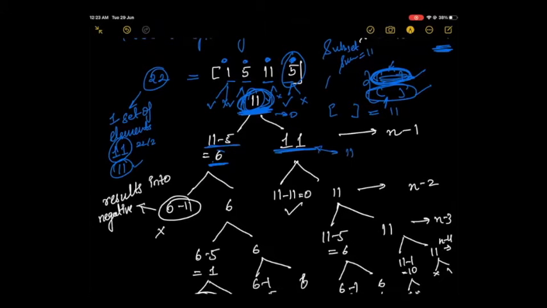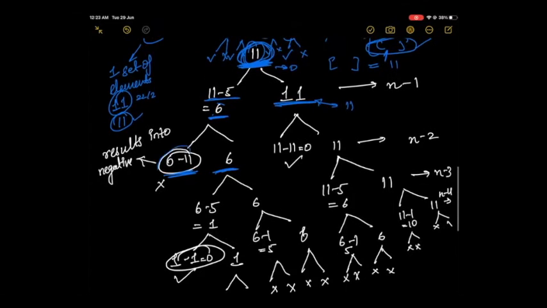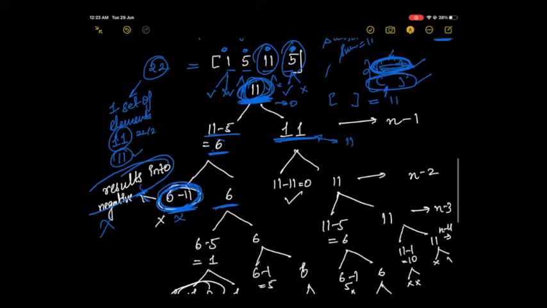Now on the next step, 11. We can either consider 11 or not consider 11. If we consider 11, it will give us a negative result, and we don't want a negative result. So we don't take this step and we come to not considering 11 in the left subtree.